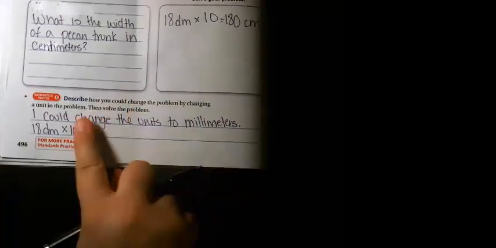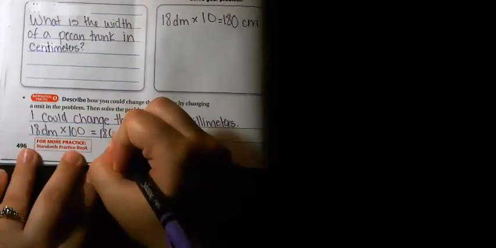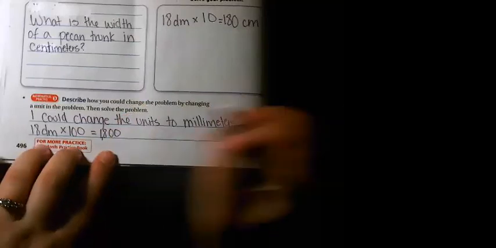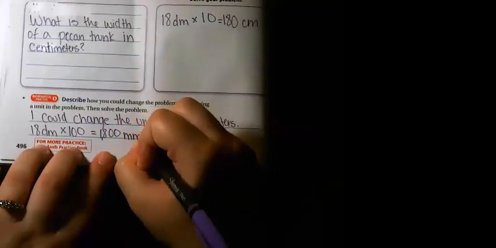So a decimeter is 100 millimeters. So I have 18 times 100 now. Cover up my 2 zeros. 18 times 1 is still 18. Attach my 2 zeros, and I have 1800 millimeters.